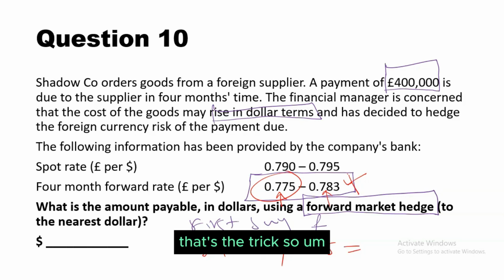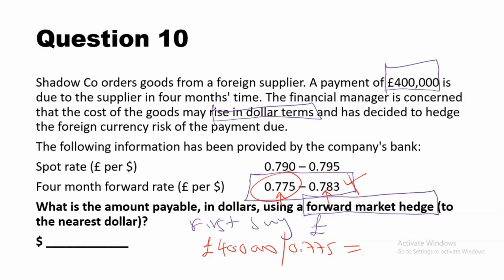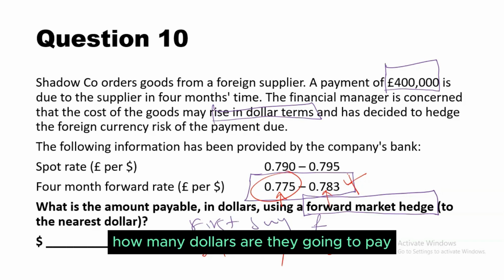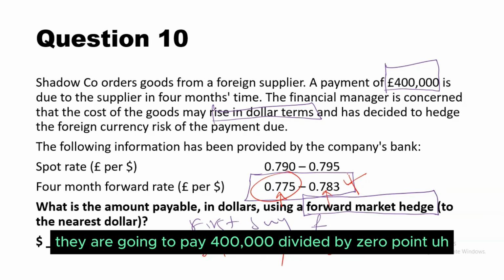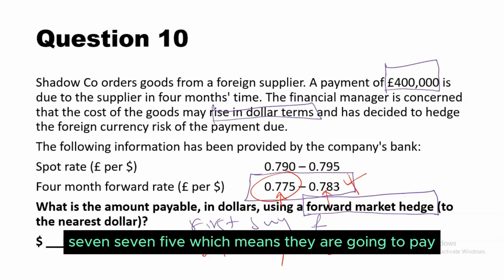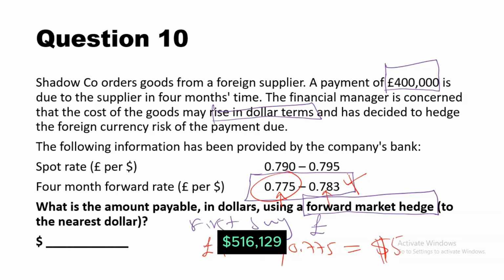So how many dollars are they going to pay? They are going to pay 400,000 divided by 0.775, which means they are going to pay $516,129.